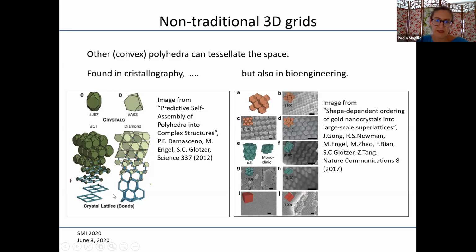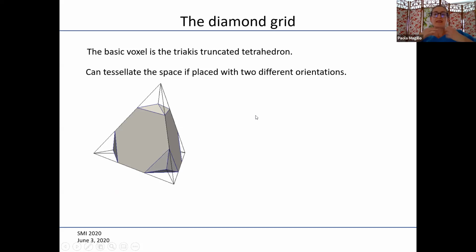These two pictures, I just found them on the internet by typing polyhedra tessellation 3D space, and they are used. This one is the FCC grid, but I will present it in more detail. Okay, some examples of non-traditional grids.